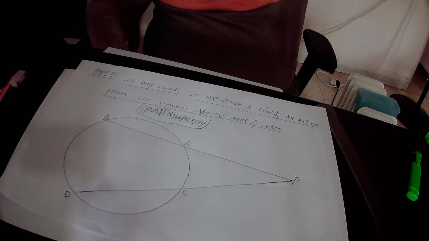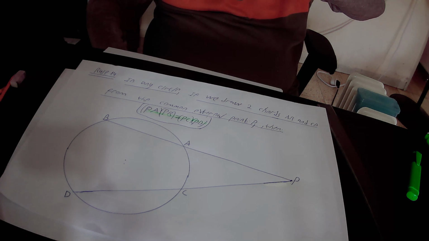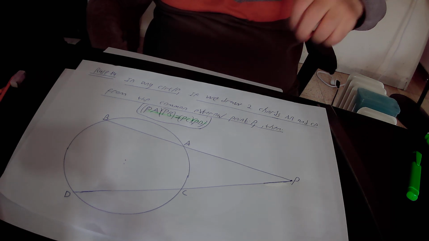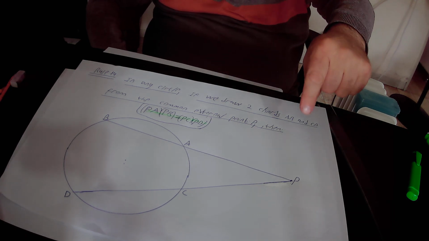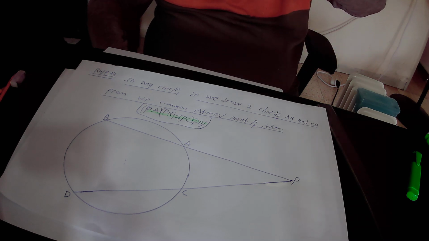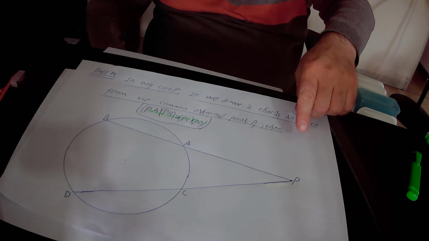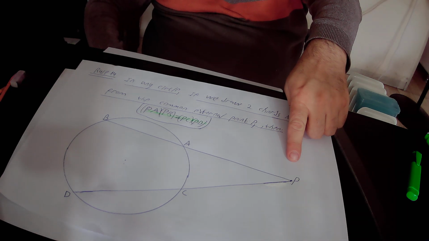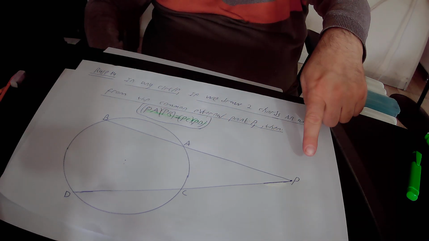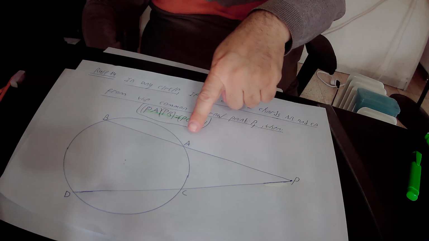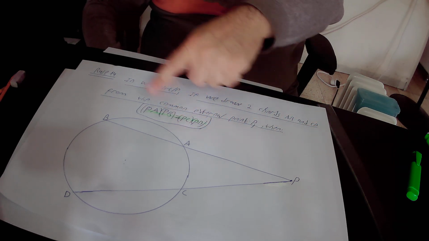Okay, so in this drawing, whenever you draw two line segments from a common external point P that cut the circle at two points, like here, line segment PB that we drew cuts the circle at points A and B. In this way we created chord AB.